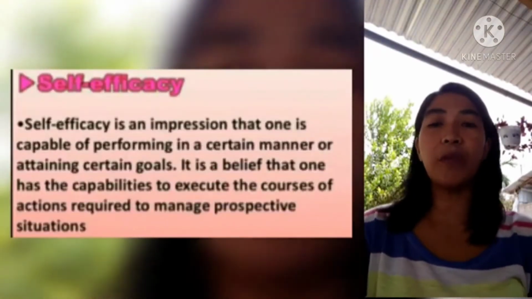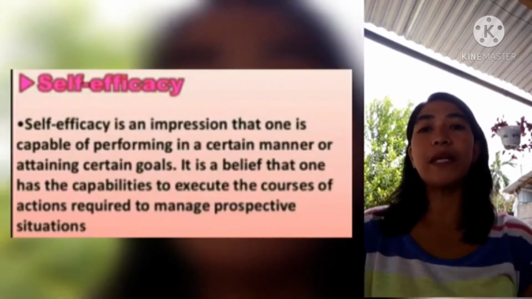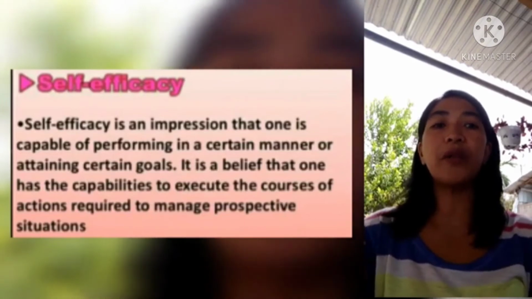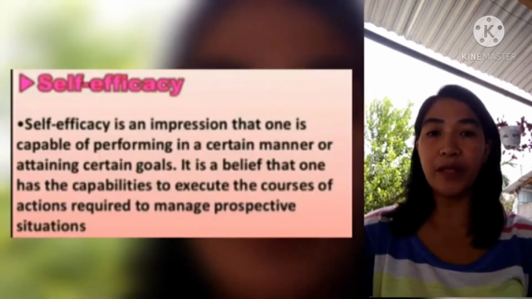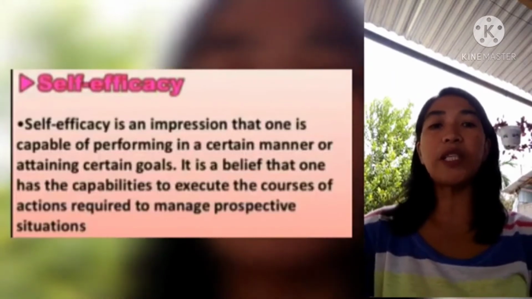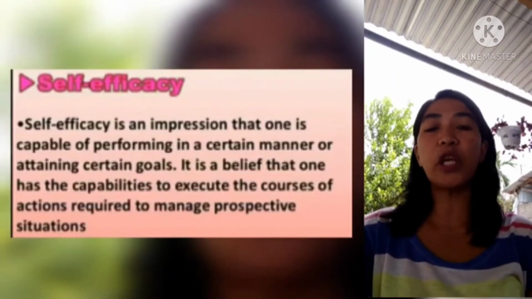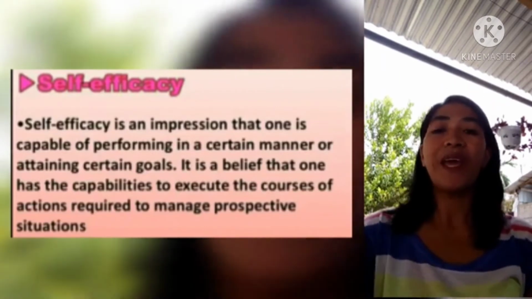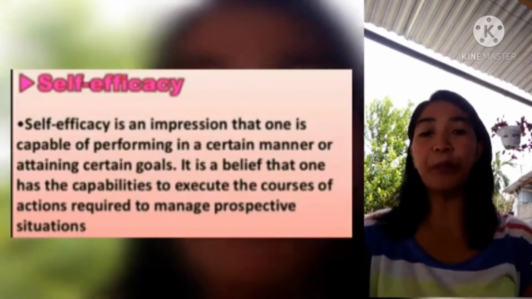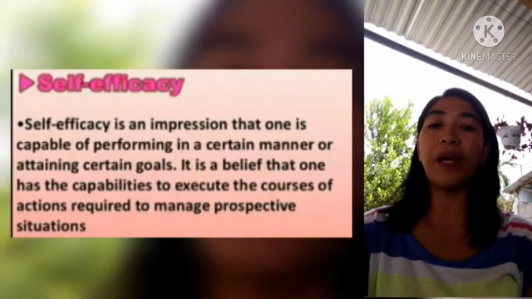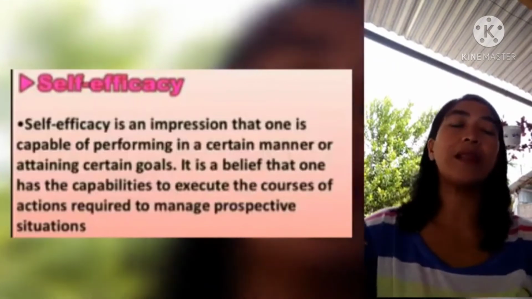Self-efficacy theory of motivation. Self-efficacy is an impression that one is capable of performing in a certain manner or attaining certain goals. It is believed that one has the capabilities to execute the courses of action required to manage prospective situations. It is also a perceived capability for learning or performing actions at designated levels.